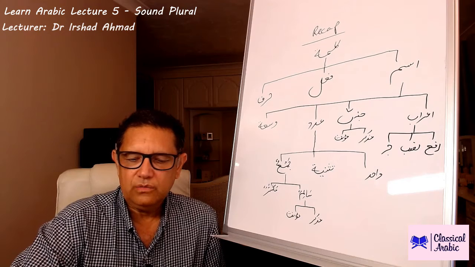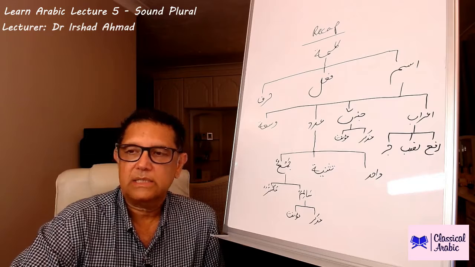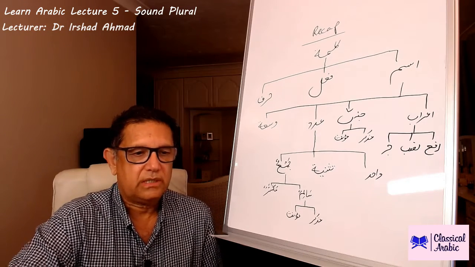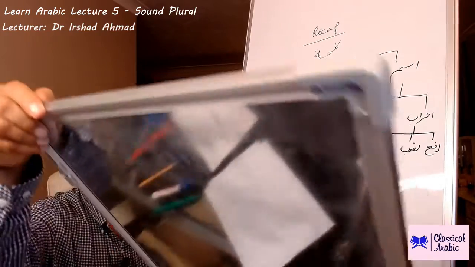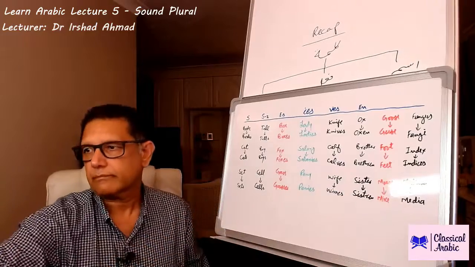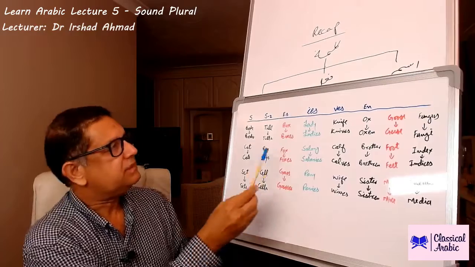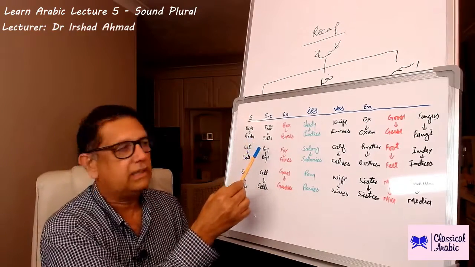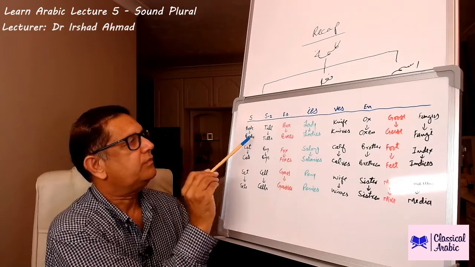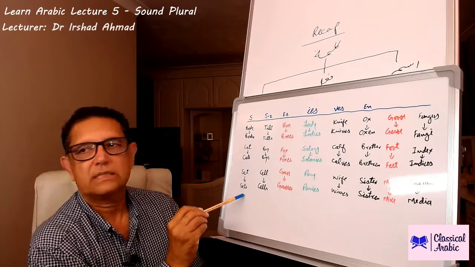Now, do we have any rules for plurals in English? The answer is yes, we do. Let us go through this chart. It is quite clear from this chart. The simplest way of making plural in English is just to add s. Book becomes books, cat, cats, set, sets.